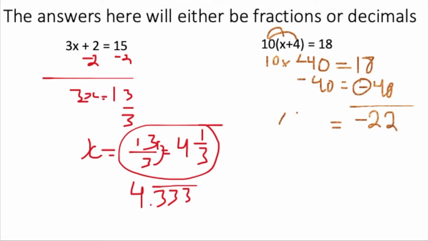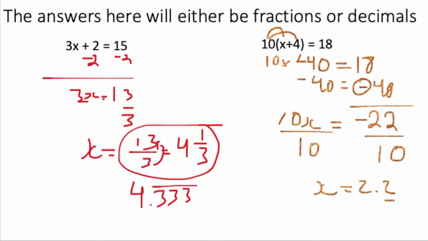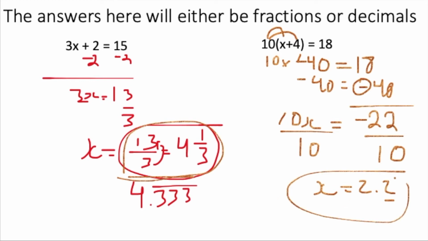And now I'm going to divide that by 10 and 10, and x is going to be equal to, and now this is an even number, right? So I don't have to round it or anything. If you're going to have to round it, you're going to leave it in the fraction form. If it's coming out without you having to round anything, then leave it in the decimal form.